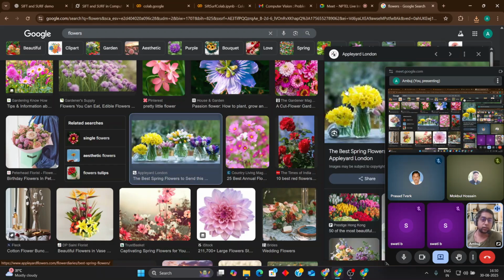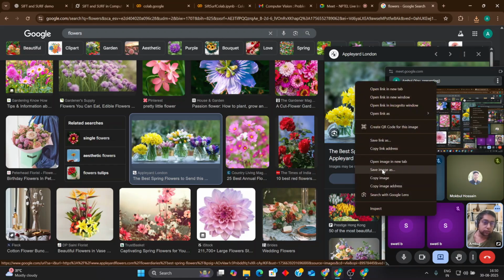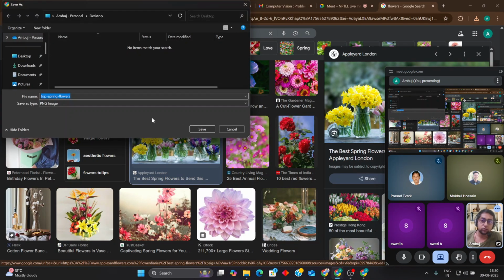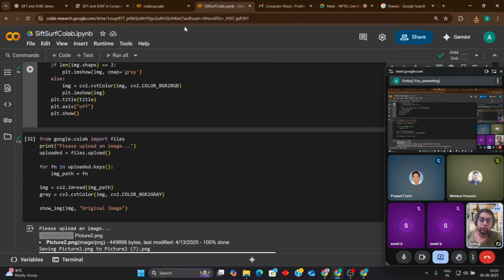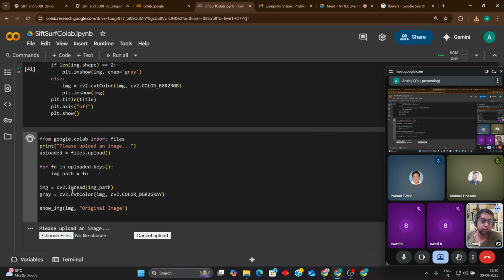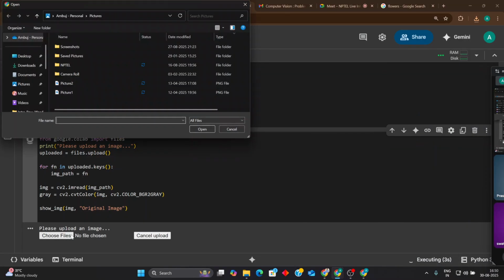This one, because it appears real. So those two particular images I just saved. Then I try to demonstrate. I'll try to upload these two particular images.